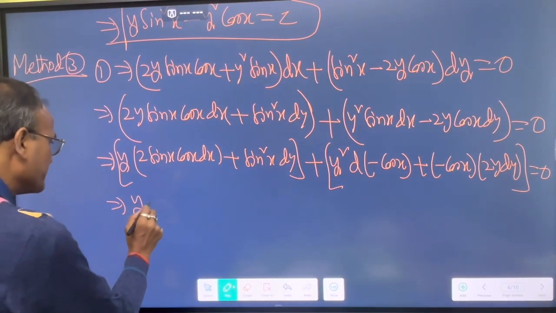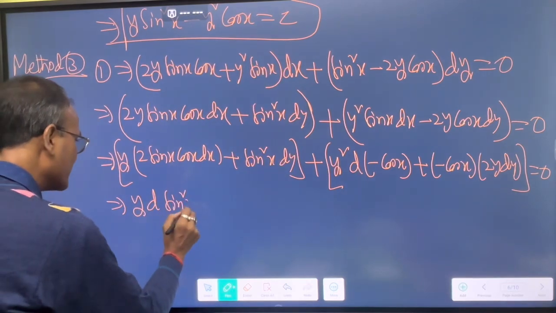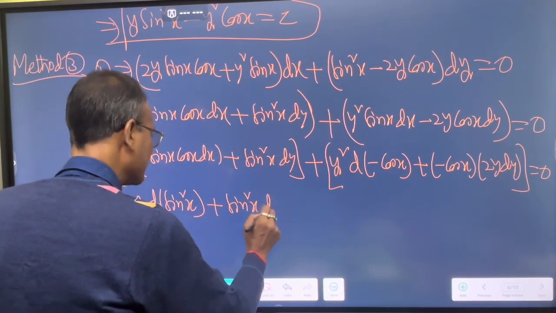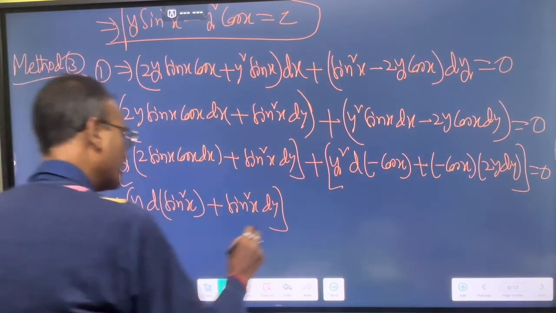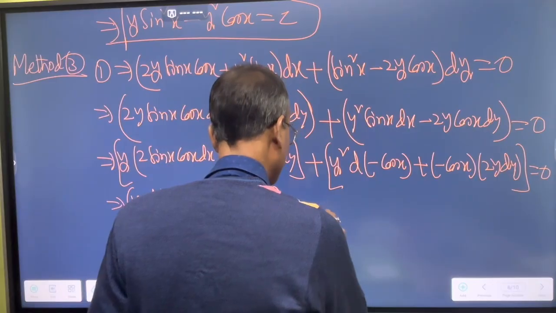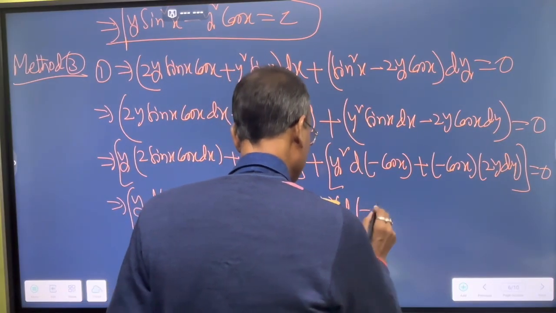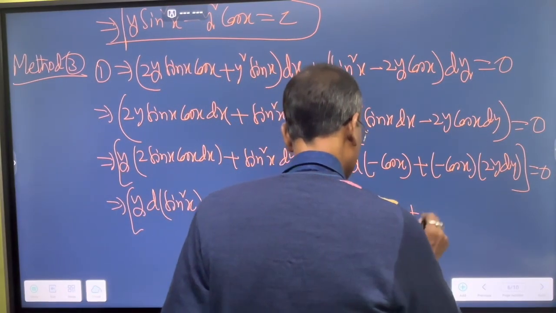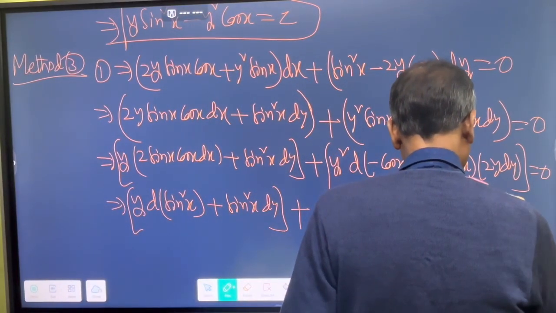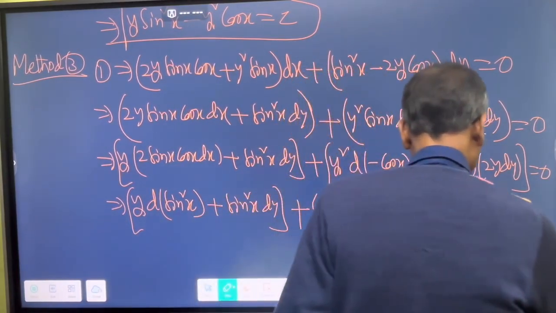This means this can be written as d of sin square x plus sin square x dy plus, you may write y square d of minus cos x plus minus cos x d of y square. This is equal to 0.